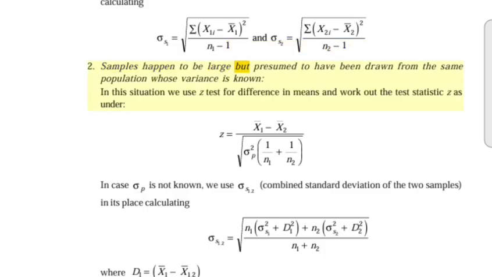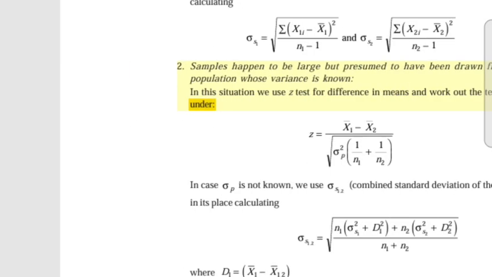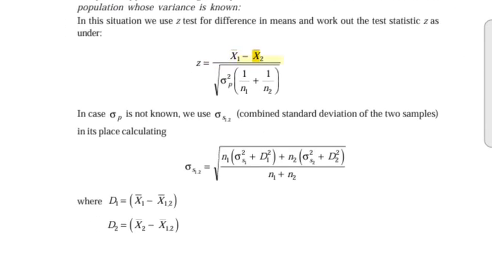2. Samples happen to be large but presumed to have been drawn from the same population whose variance is known. In this situation we use the z-test for difference in means and work out the test statistic z as under: z = (x̄1 − x̄2) / (σp √(1/n1 + 1/n2)).